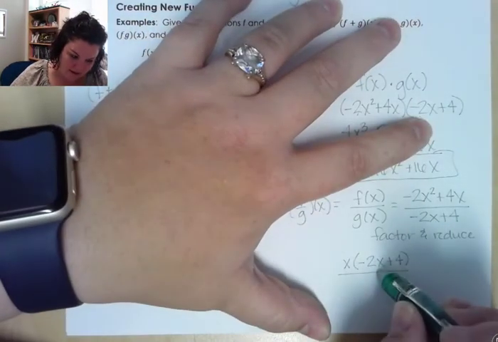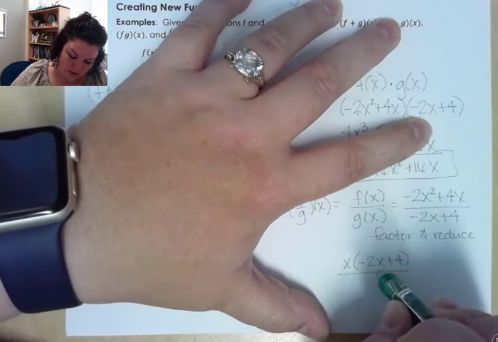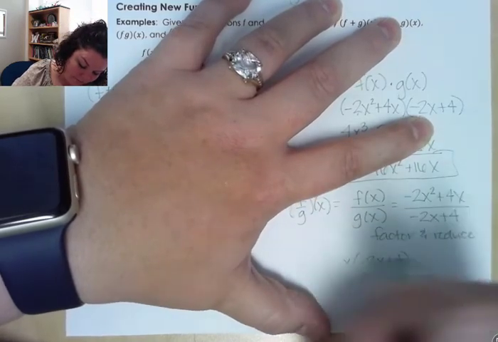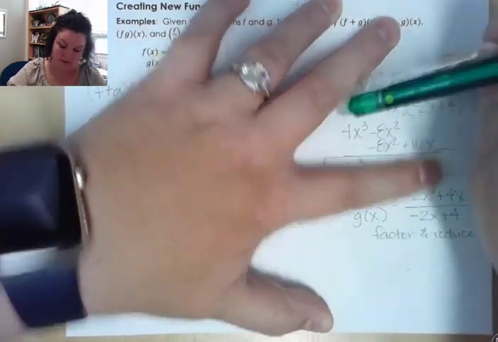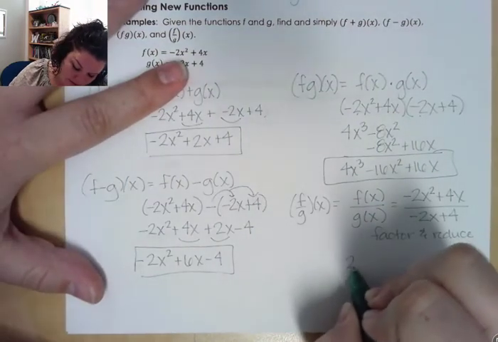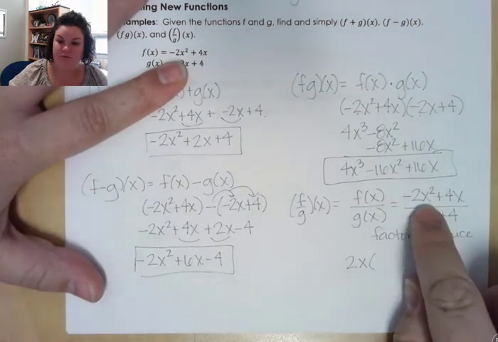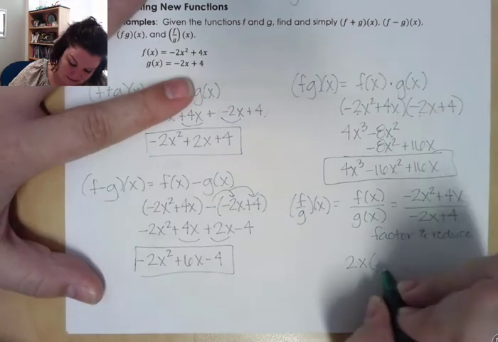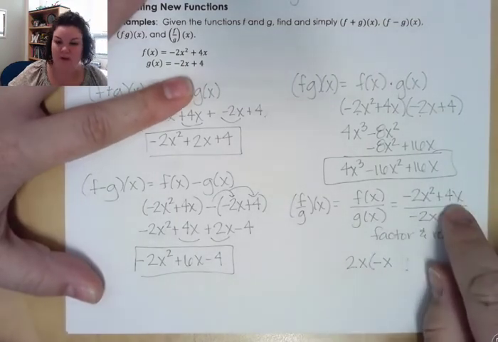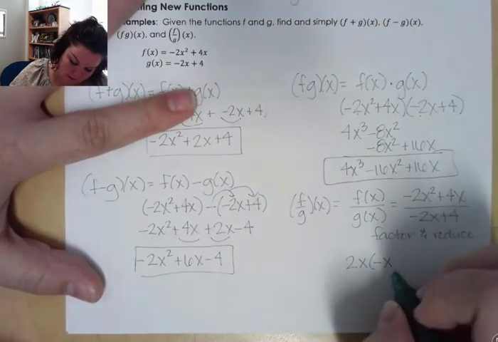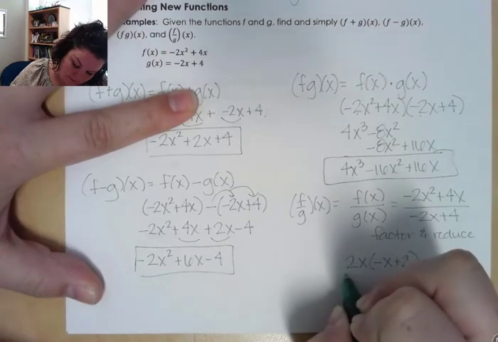Silly me. I can pull out a 2x. So let's pull out a 2x on top, which will leave me with negative x. If I pull 2x out of that second term, I'll get plus 2, right?